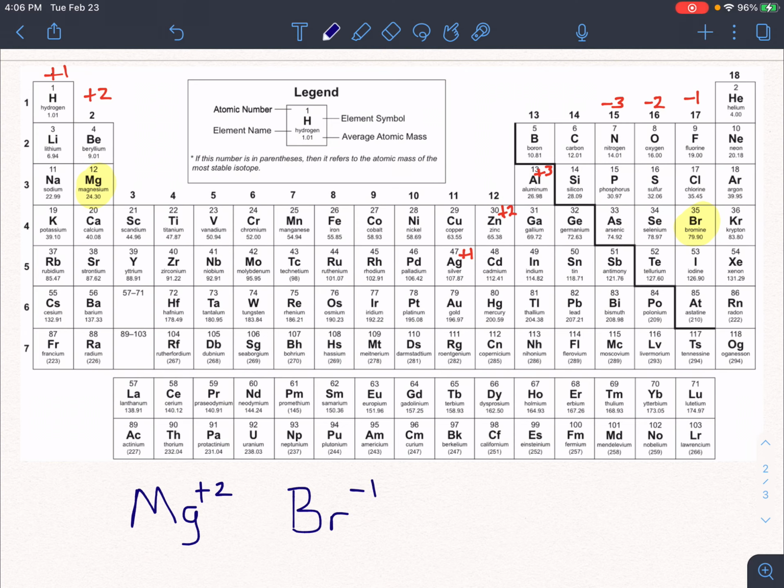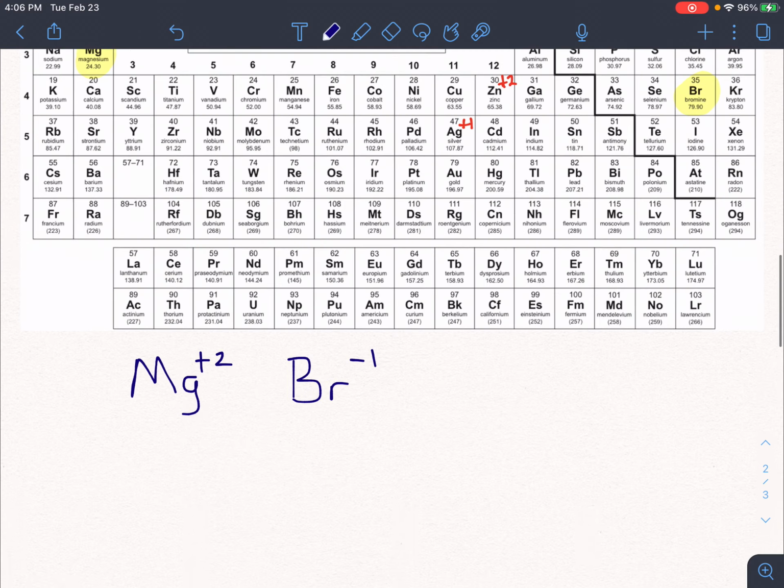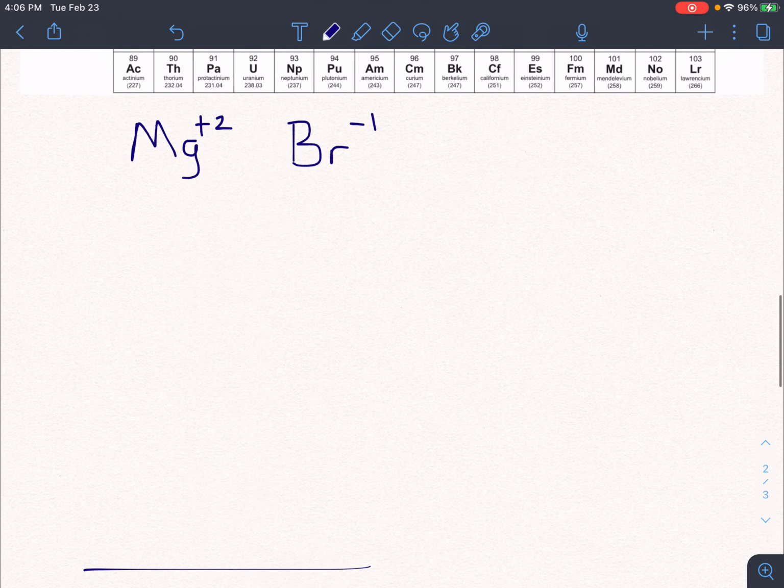Bromine makes a -1. And then I want to look at the charges and make the charges cancel. I can add as many of these as I need to make the charges cancel. Right now, the charge of magnesium is +2. The charge of bromine is -1. +2 - 1 does not give me 0.